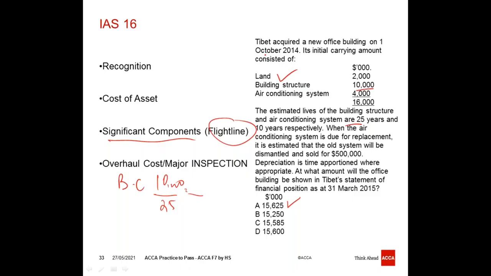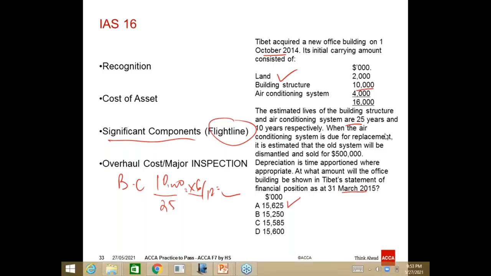And remember this point: from 1st October to 31st March, we need to charge depreciation for 6 months, so 6 by 12. So what will be the depreciation of the building? 10,000 divided by 25 multiplied by 6 upon 12. So it will be 200.